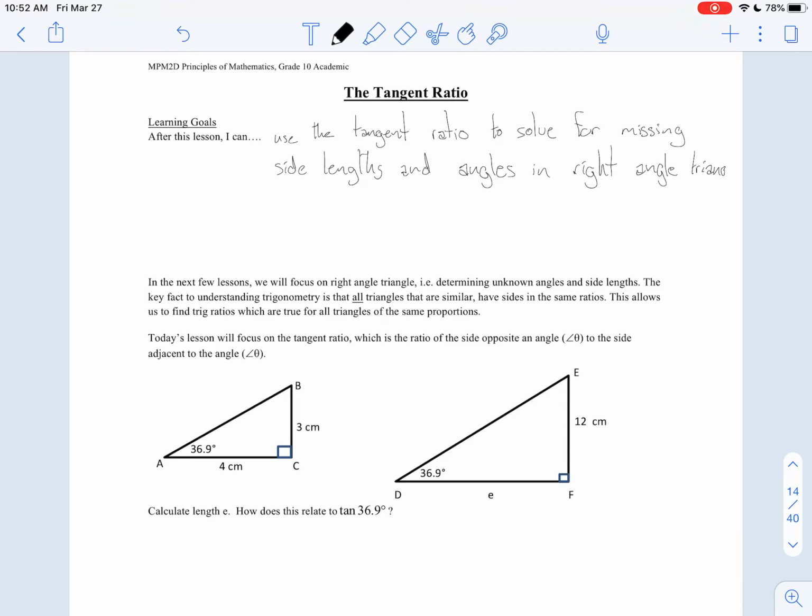Very important, they are right angle triangles. This will only work in right angle triangles.